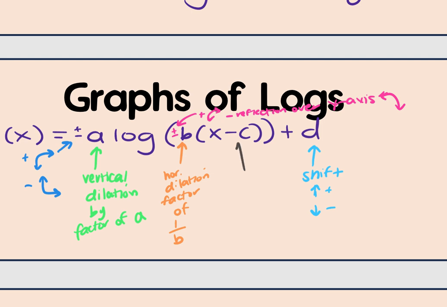And then C, and that negative could be on the B, it could also be on the X, anywhere like that. The C is a horizontal shift. A positive C means left. A negative C means right.